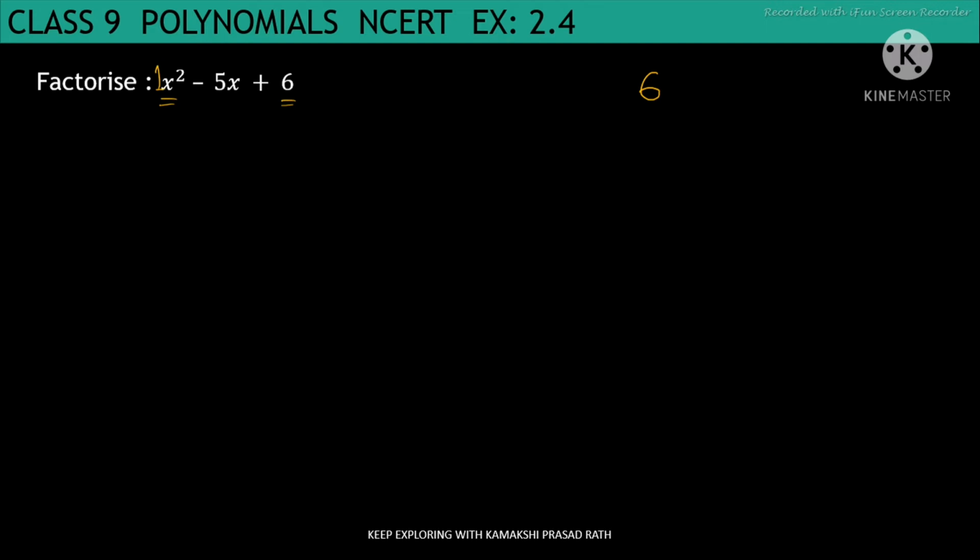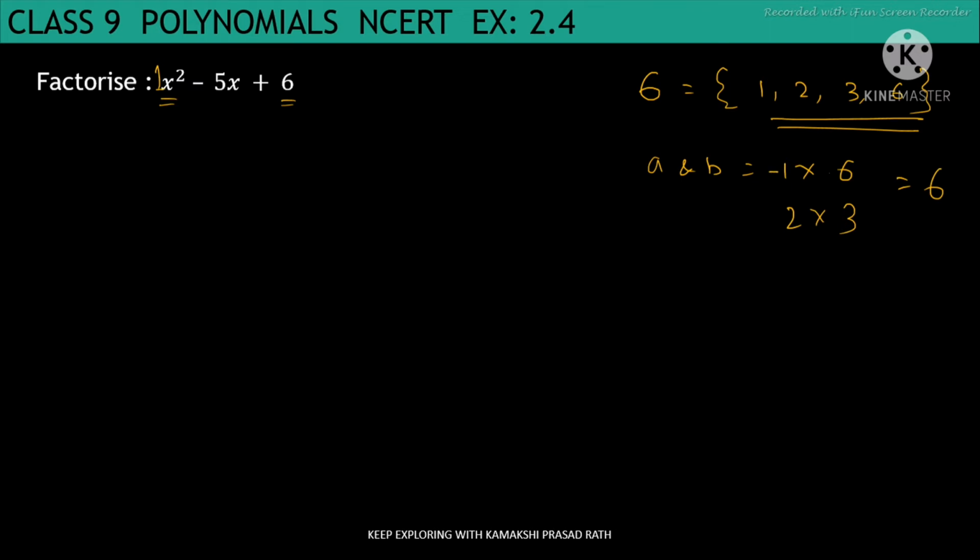So here 6. What are the factors of 6 we can have? That is 1, 2, 3 and 6. So here we say that the possible values of a and b will be any one from these. When you multiply 1 and 6 we get 6, or 2 and 3 also we get 6. Now one more thing you have to see is that we will get 6 if you multiply minus 1 and minus 6, or minus 2 and minus 3 also.